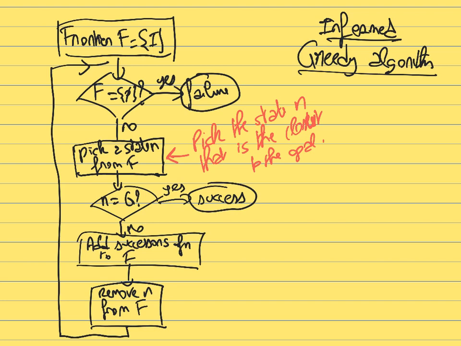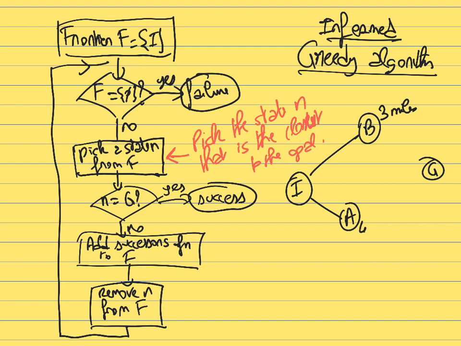So just to give you an example, if you start from the initial state like this, and you have two choices, A and B, and you know that your goal is here. For example, state B is at 3 miles from the goal, state A is at 4 miles from the goal, then you will tend to favor state B because it brings you closer to the goal.